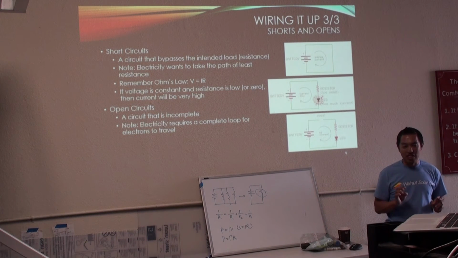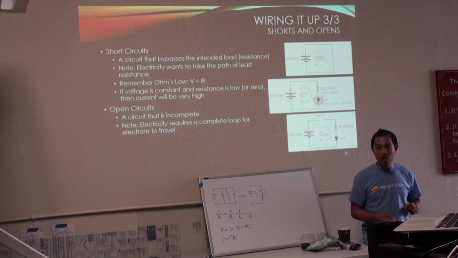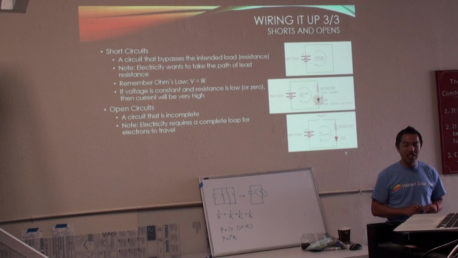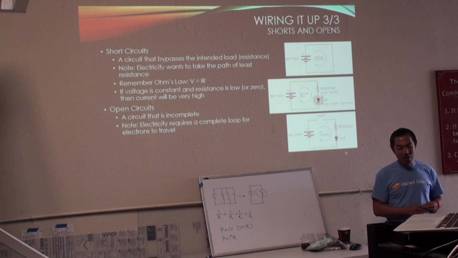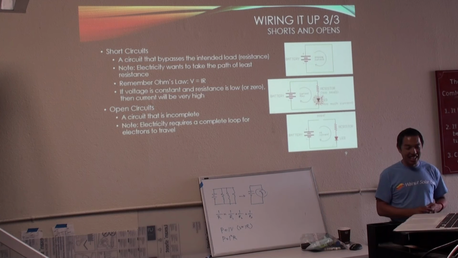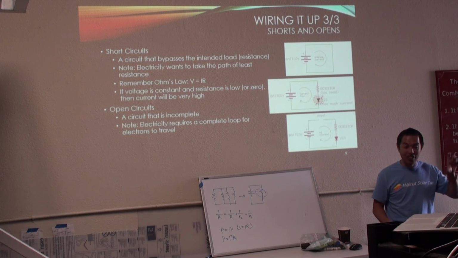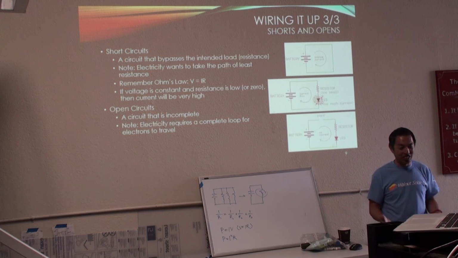And the key thing is you know that the current is going to flow at the least resistance, right? So if you just connect the wire, there's no resistance, which in a V equals IR concept, if you have resistance be really low and your voltage stays the same because your battery stays the same, what happens to your current?